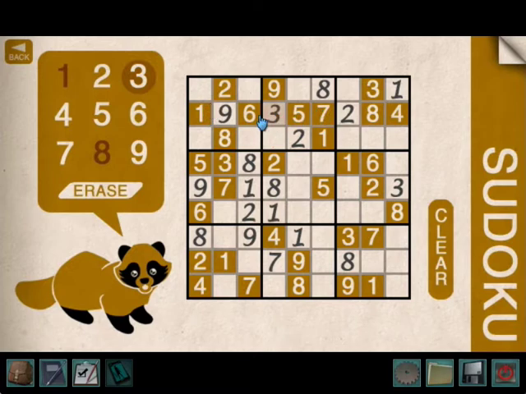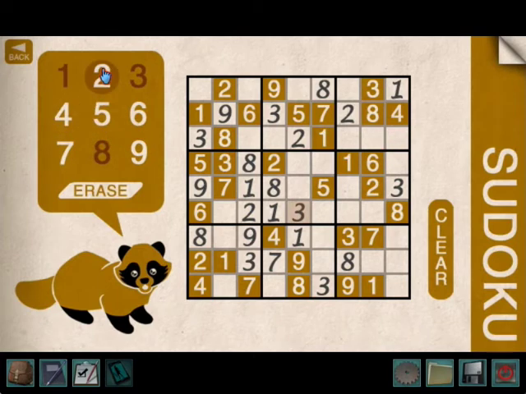Oh wait, no, we have to put it there because that's the only number missing from this entire row. And we have to put it in the left column here, so let's go ahead and do that. 3, 3. There we go, now we're all done with 3s.